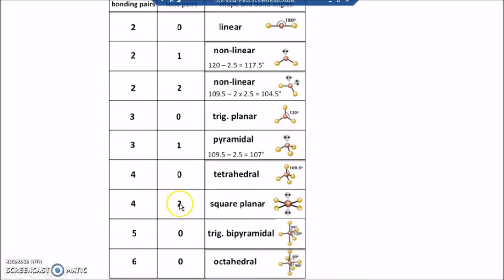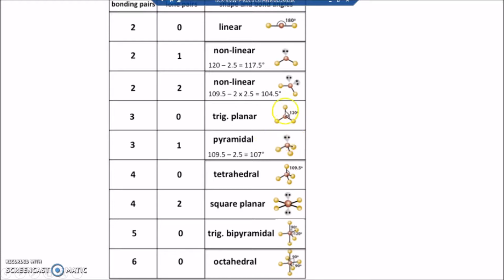4 add 2 is obviously larger than 3, so you would expect it not to be planar, but in this case it is planar because the 2 lone pairs push the 4 bonding pairs into a planar shape, bond angle 90.